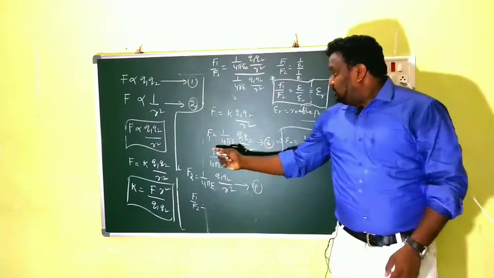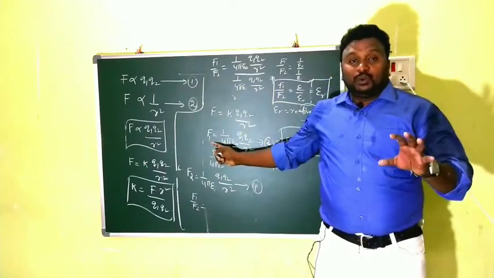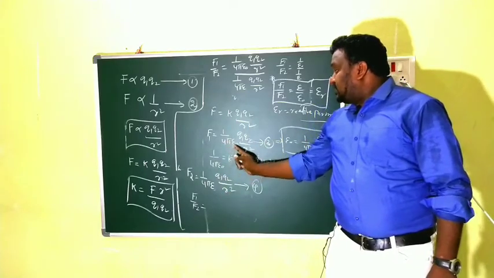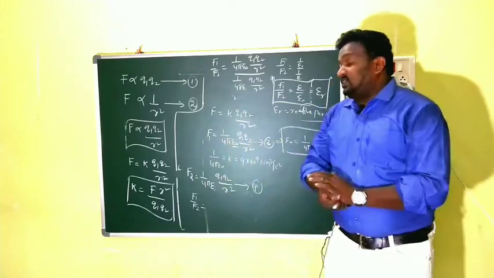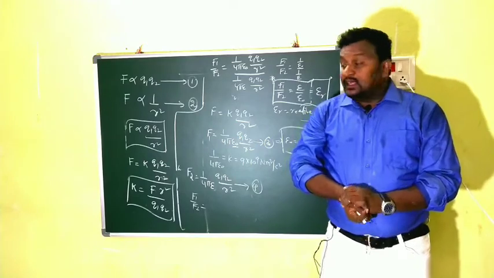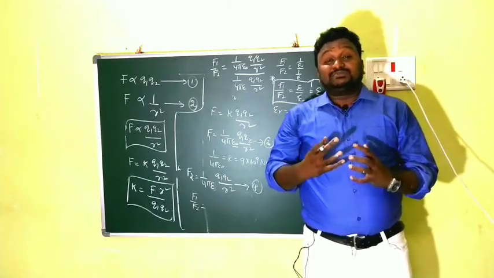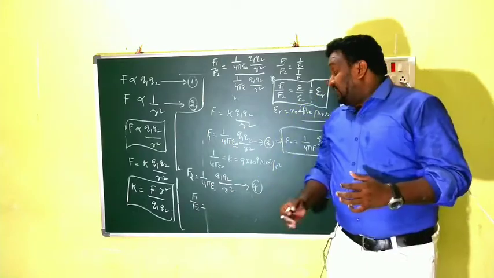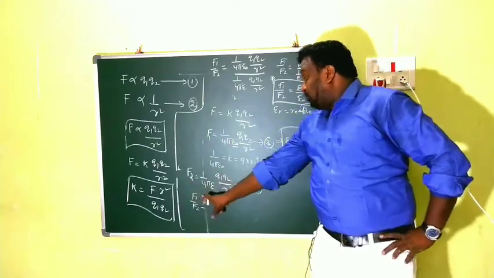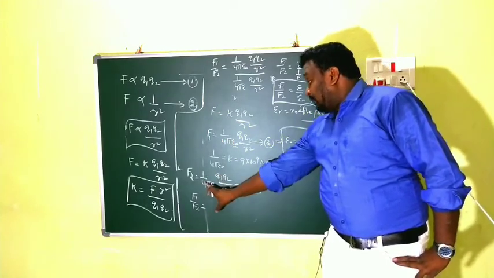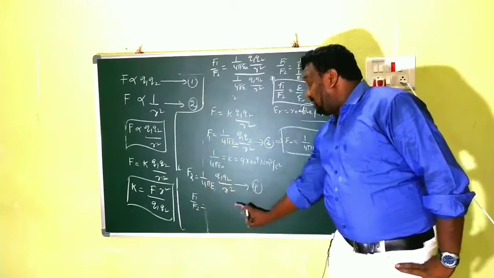Equation number 3 represents what? This is the force between two charges when they are in free space: 1 by 4 pi epsilon naught Q1 Q2 by R square. Equation number 3. And now when the same two charges are kept in a medium, the equation becomes F2 is equal to 1 by 4 pi epsilon Q1 Q2 by R square.